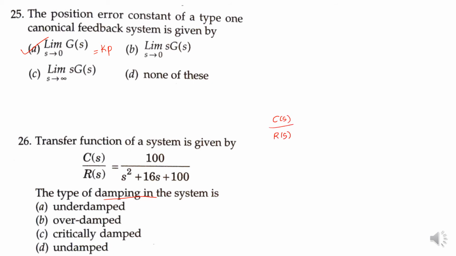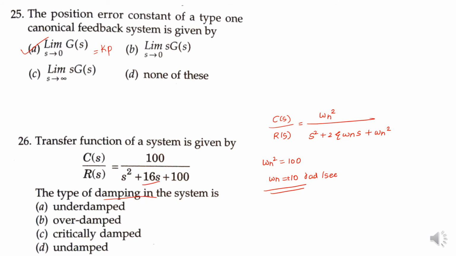C of S divided by R of S is omega n square divided by S square plus 2 zeta omega n S plus omega n square. Now I am going to equate both the equations. Omega n square is 100. What is omega n? That is plus or minus 10. Have to take the plus value, 10 radians per second.